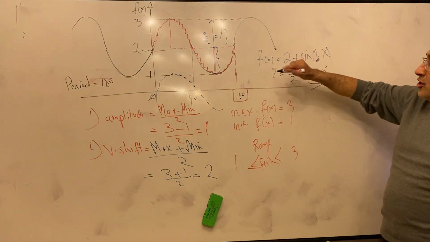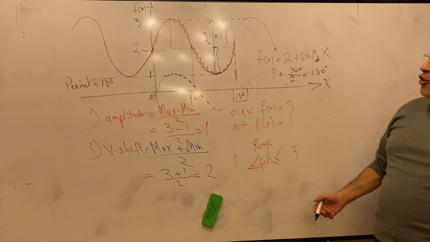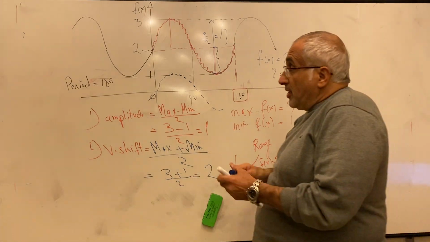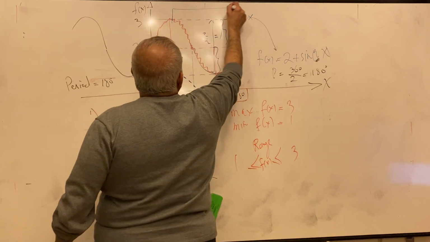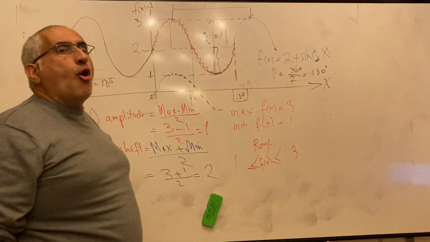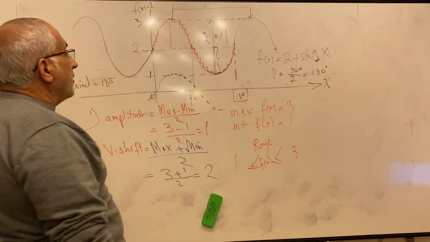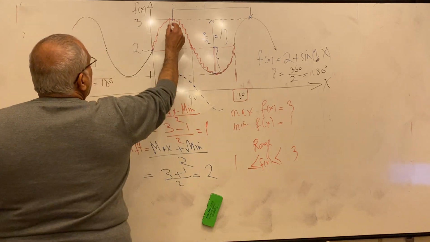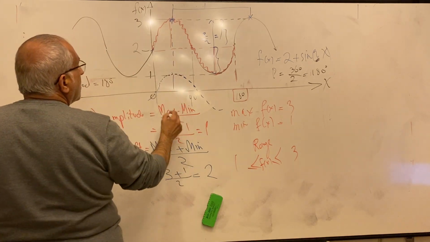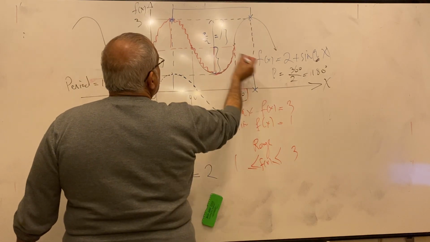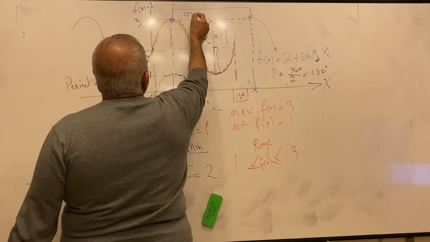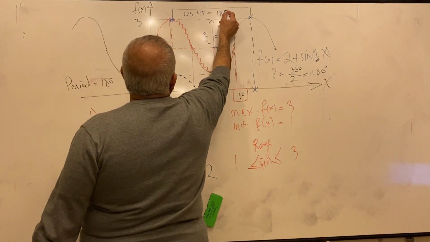If I give you this, I wouldn't think of that. But if I don't give you that, you can see it from here. How can I see it? Oh, by the way, you can find the period by looking at any 2 consecutive maximum points. Alright, so if this is 45, and if this is 225, subtract them, 225 minus 45 is 180 degrees.